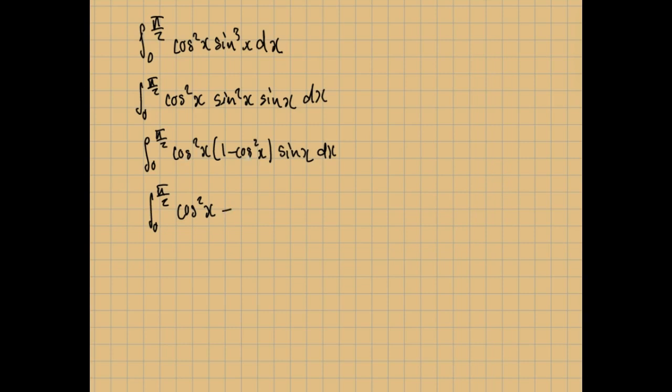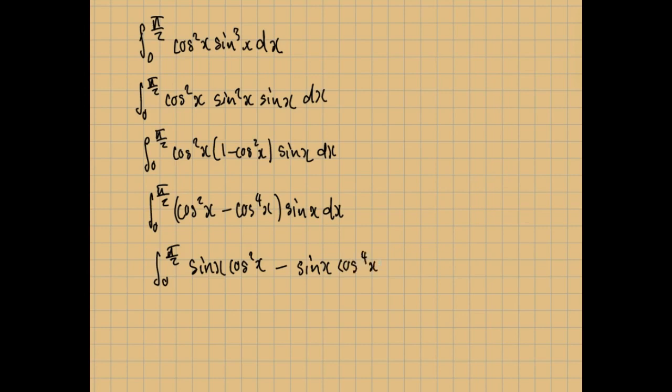Then cos squared x times cos squared x is cos to the 4 of x, but the negative sign is still there. And all this is multiplying sine x, with respect to x. So now I have the integral from 0 to pi over 2 of sine x by cos squared x minus sine x by cos to the 4 x, with respect to x.